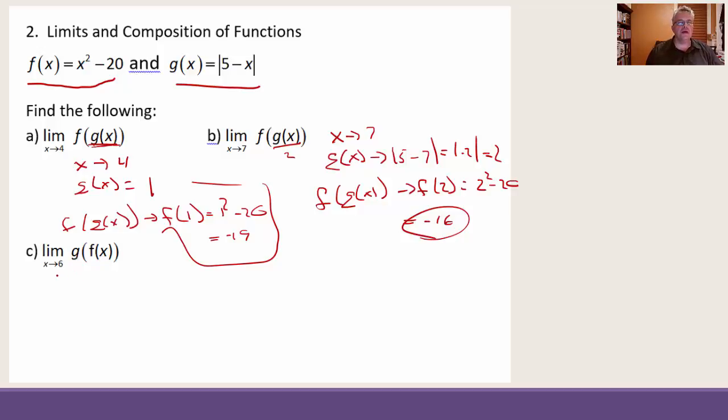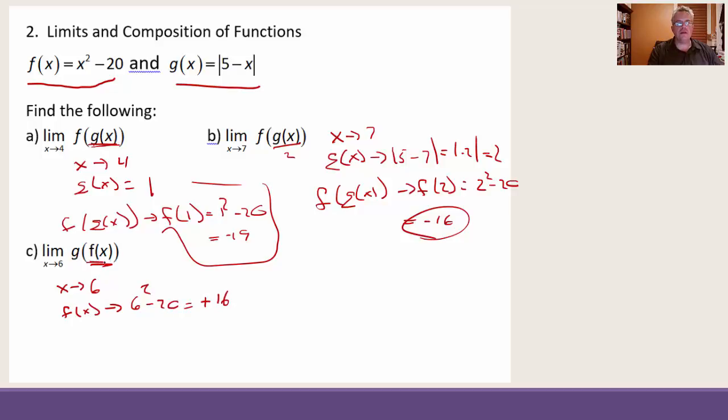Alright, this one just has them backwards. No big deal. x is approaching 6. So let's think from inside out. So this part, f of x, must be approaching f of 6, which is 6 squared minus 20, which is positive 16. It's 36 minus 20.